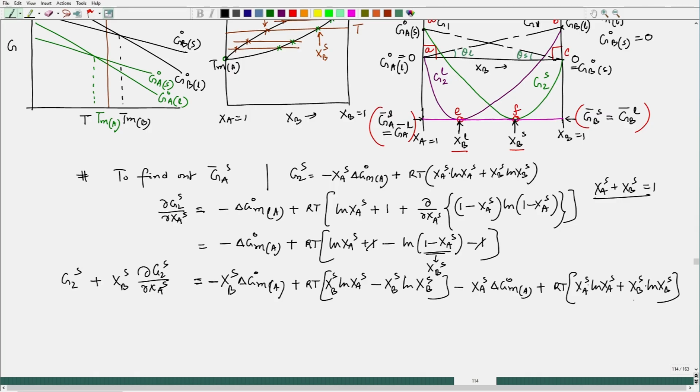Okay. Now I see that this term and this term would get cancelled each other.